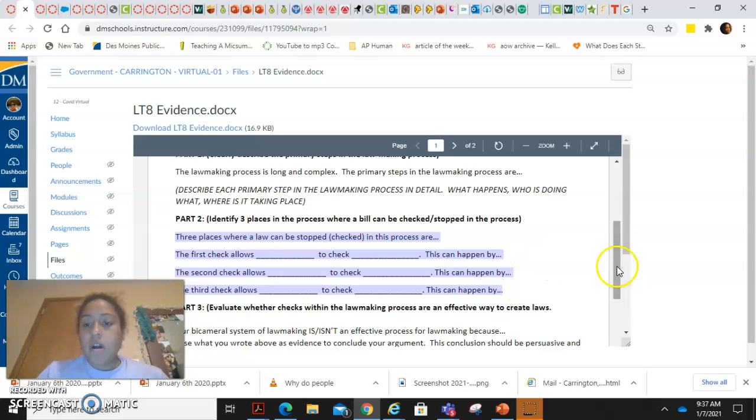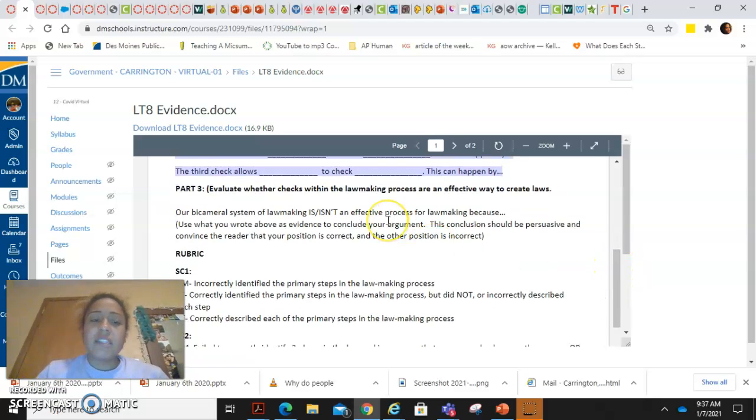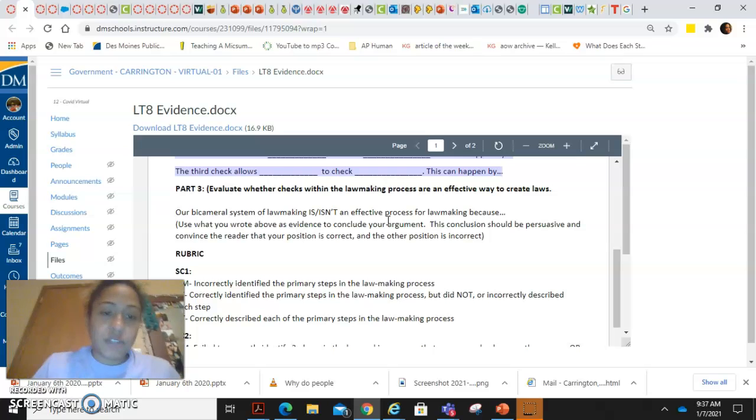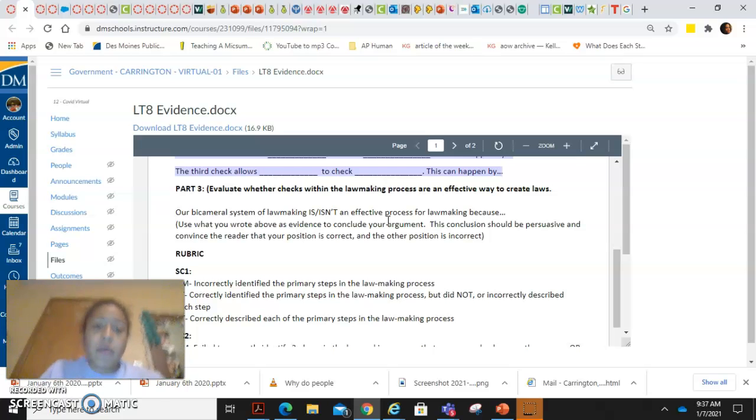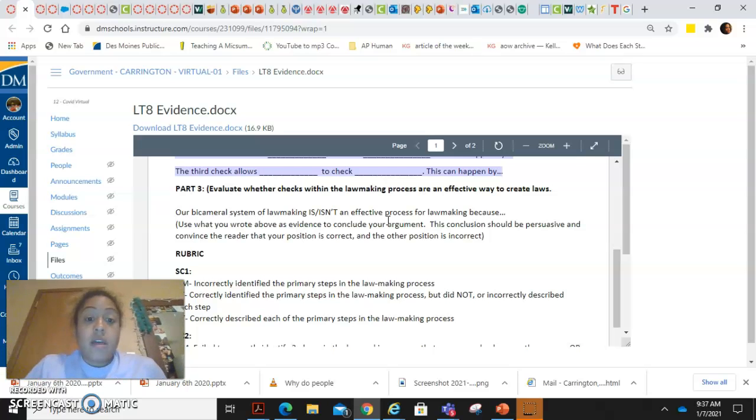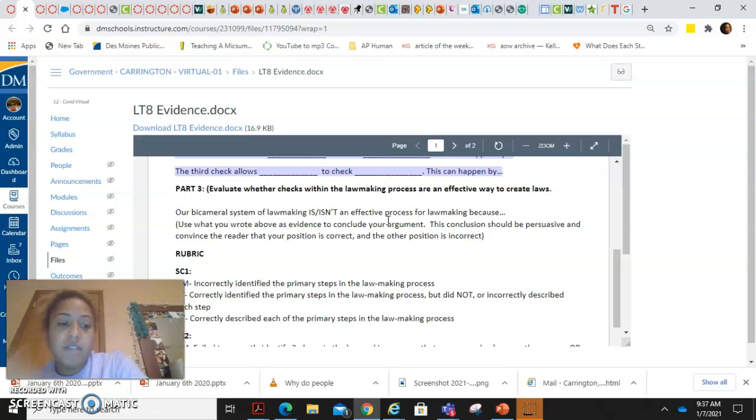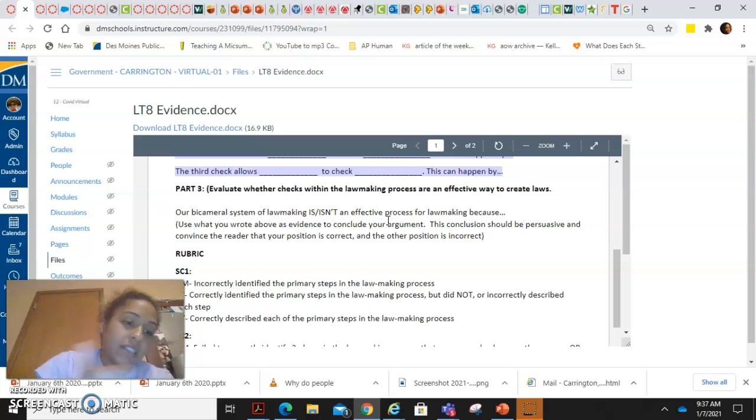All right, moving along, part 3 is the conclusion essentially, where you're going to evaluate whether the checks within the lawmaking process are effective ways of creating bills. So is our bicameral system and the way that it operates and the different checks and balances that are in place, does it make for an effective lawmaking process?